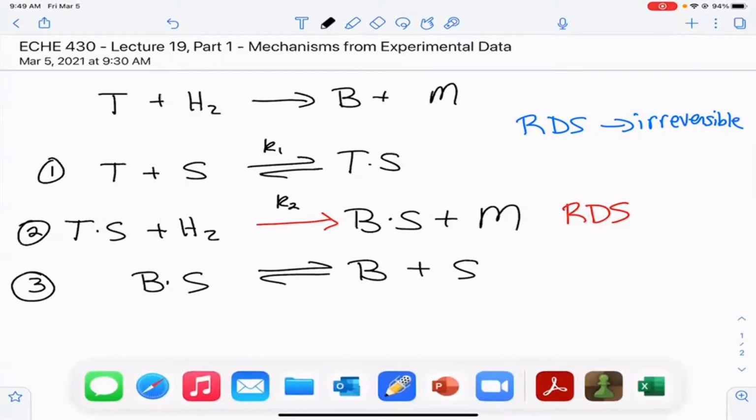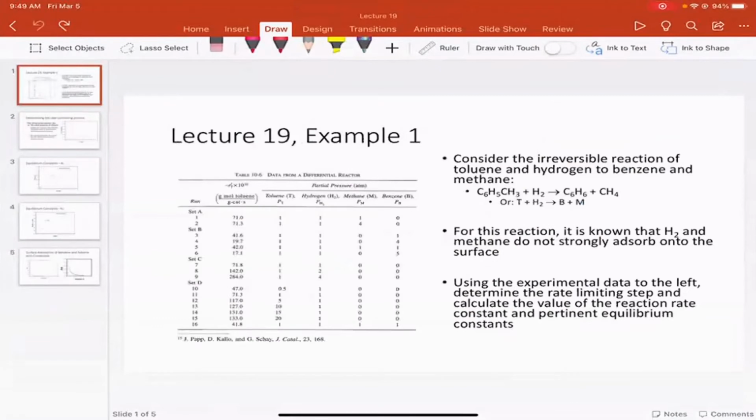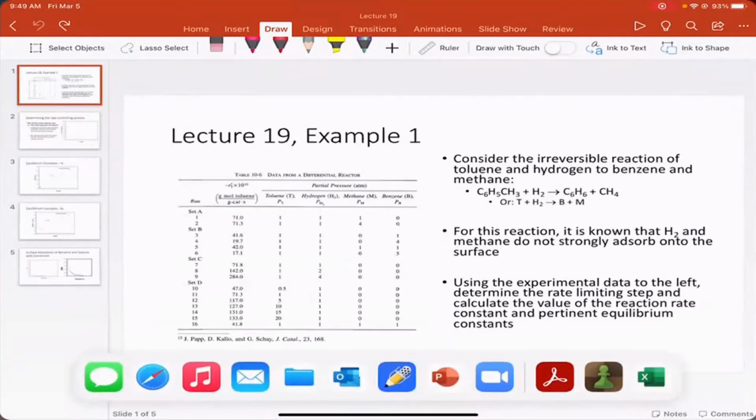So that's great. And if you look at the problem statement that we've been asked to do, one is to propose a mechanism. The second one is to determine the reaction rate constant from the data and the equilibrium constants that are required.